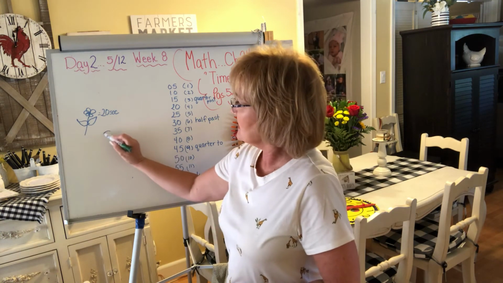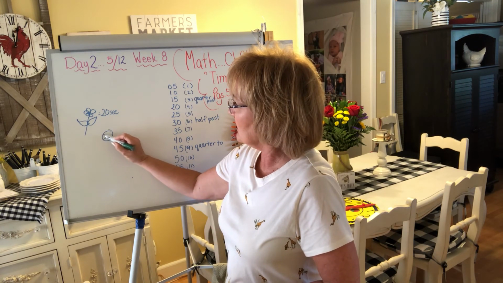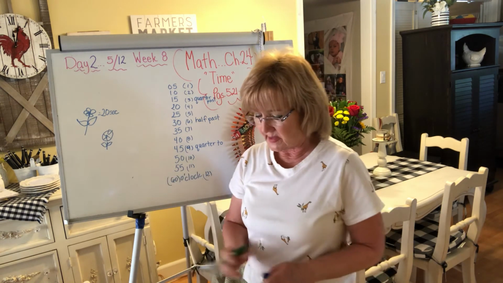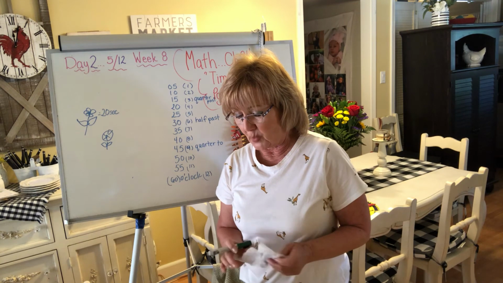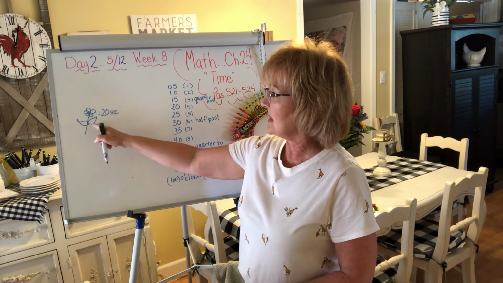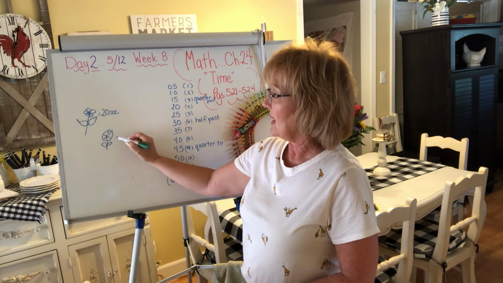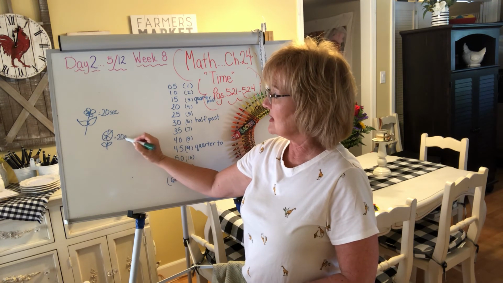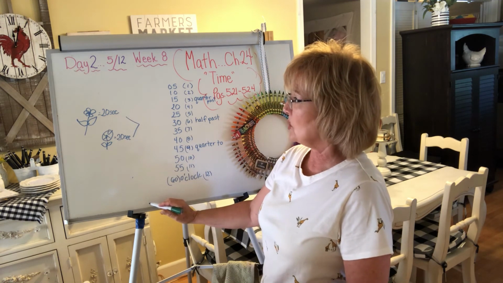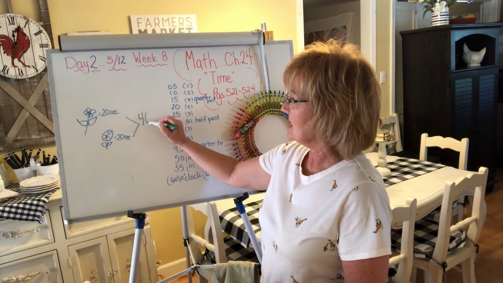If she wants to draw 2, whoa, that flower is weird. If she wants to draw 2 flowers, will this take more than a minute or less? So think about it. If it takes her 20 seconds to draw 1 and another 20 seconds to draw another one, what is 20 plus 20? 40 seconds.